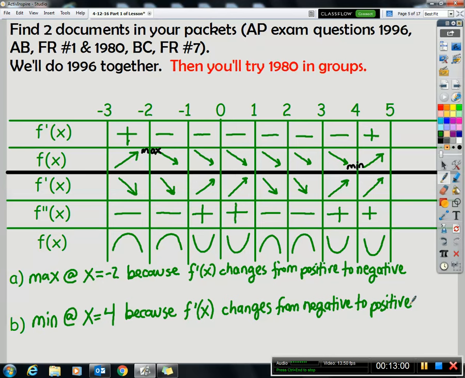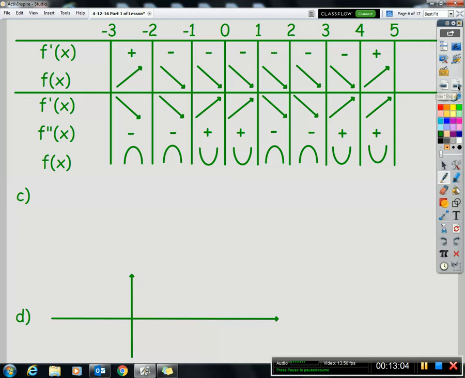All right, so I'm going to flip to the second slide, and I have recreated my chart here so I didn't have to keep flipping back and forth between the first and second slide. So on to part C. On what intervals is the graph of f concave up? Use f prime to justify your answer. Well, it's easy enough for me to say, look at the little right side up U shapes.